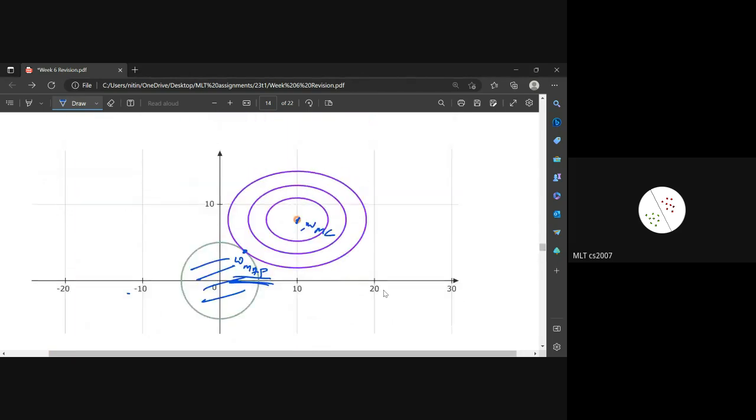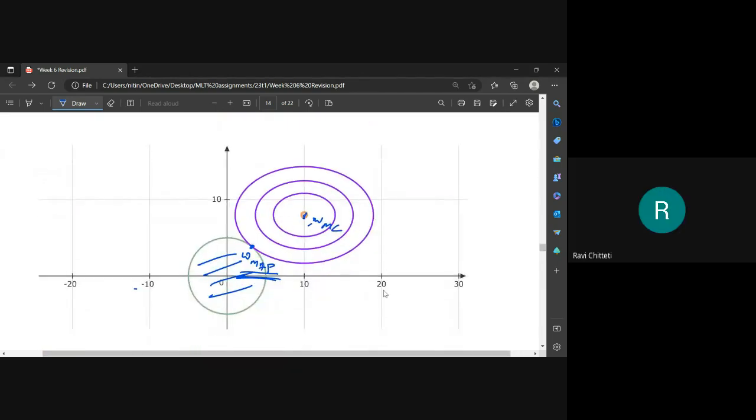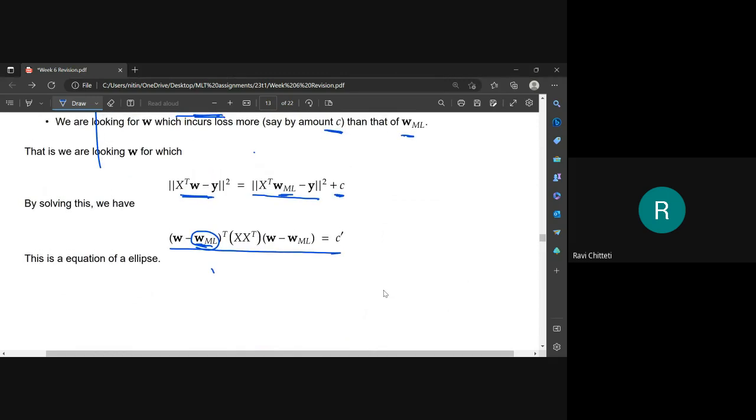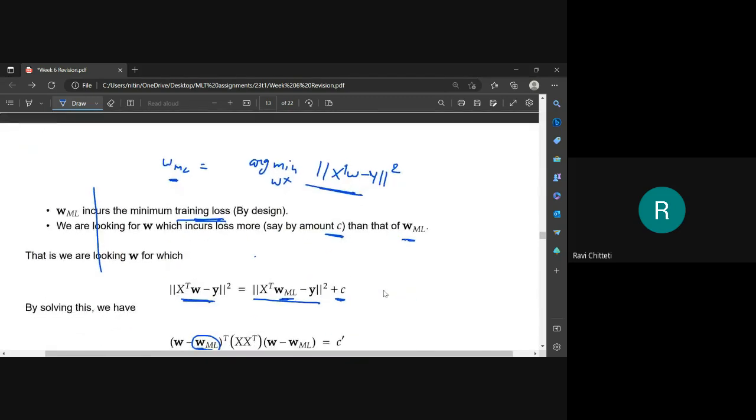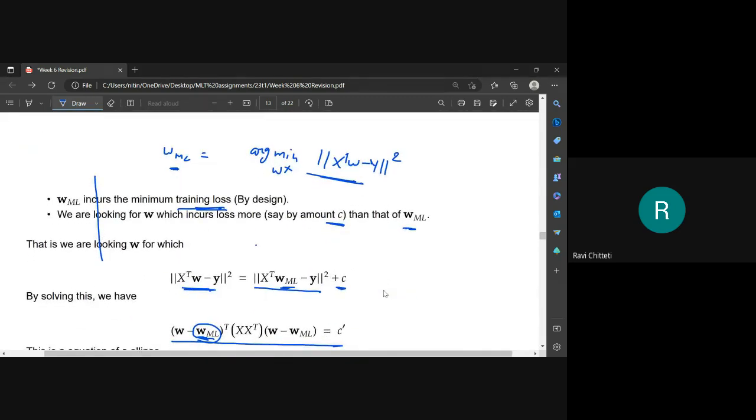Okay, so any doubt till this point? Yeah, can we go and see those equations that you wrote up there for the optimization, please? This one, yeah. What's your doubt here? I'm just computing the same function, assuming that W is not exactly equal to WML.